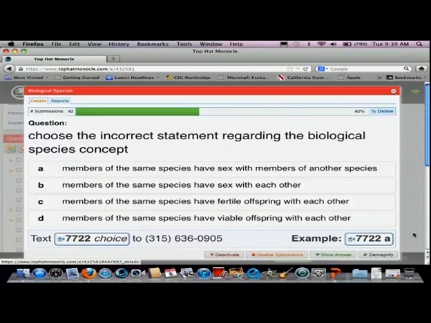And so we don't want to get sucked into picking a statement that is true when you're looking for one that's not. So if the question says incorrect statement or all of these are true except, you're looking for the one that's total BS. Not true. So what is not true?